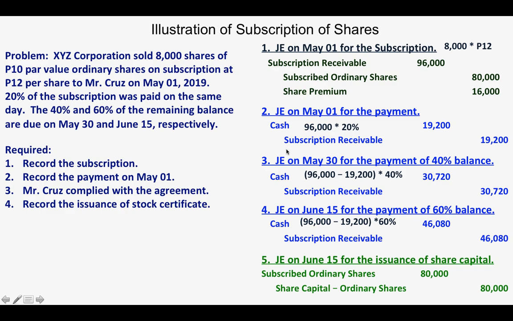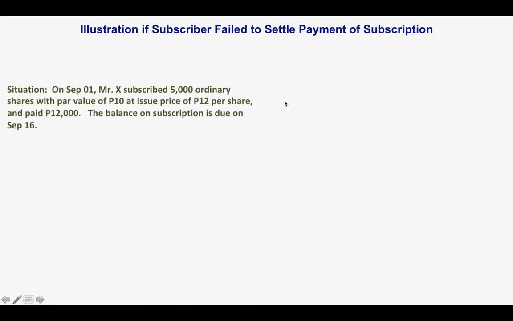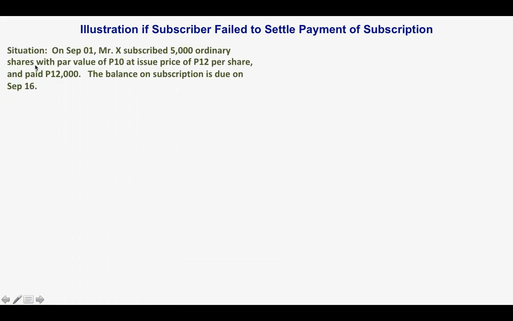Okay, class. However, there are situations that a subscriber failed to settle payment. Okay, so we will have an illustration. So our situation is this: on September 1st, Mr. X subscribed 5,000 ordinary shares with par value of 10 at issue price of 12 per share and paid 12,000.